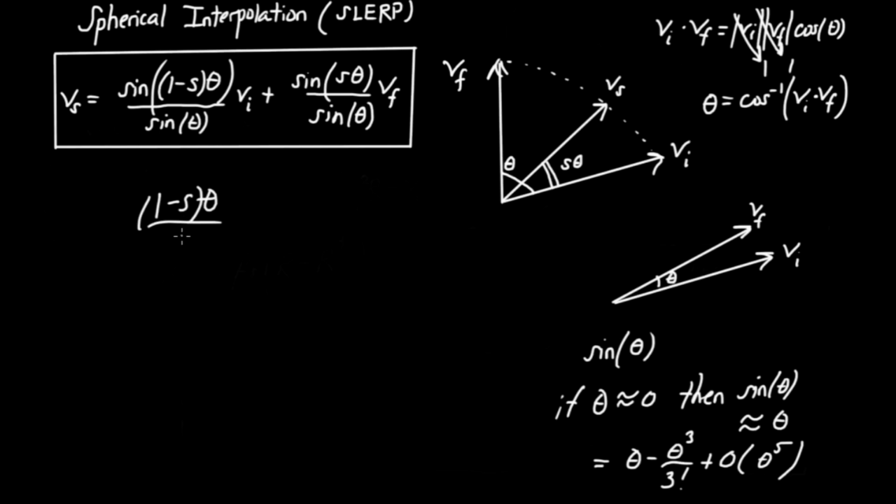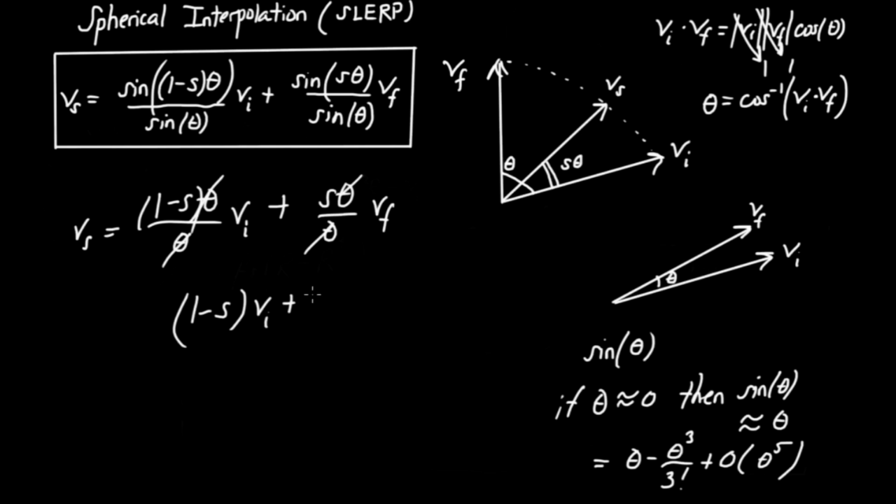In the denominator, we just have theta times vi plus, using the approximation there, sine theta over theta times vf. Again, that's equal to v sub s. Notice the thetas cancel, and we're left with the formula for linear interpolation.